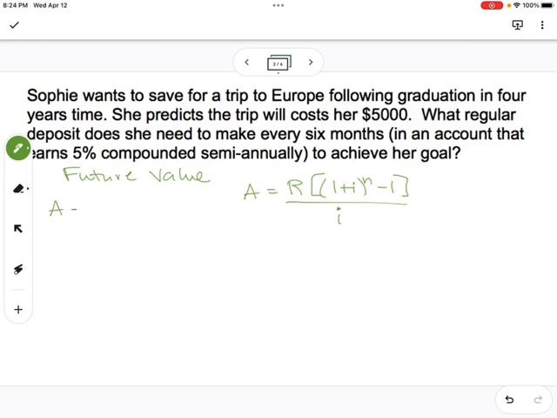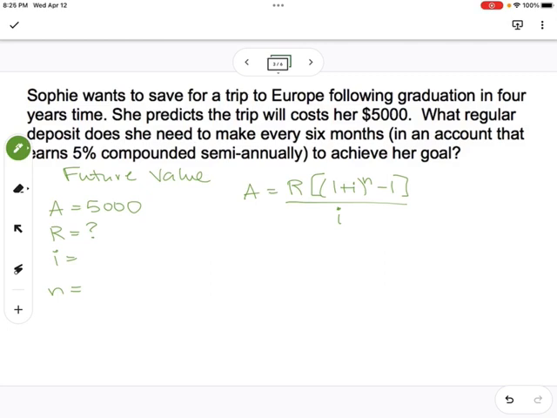So we have A, R, i, and n. So A is the amount of money, the future value that we want to have, and that's going to be the $5,000. We don't know how much she's going to deposit every 6 months. That's what we're figuring out. So we need to find out what that R value is.